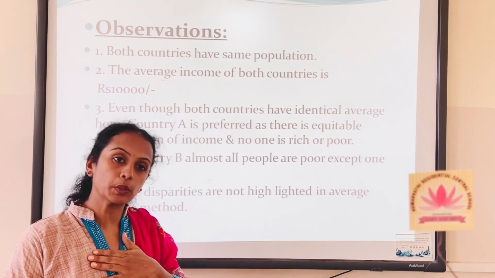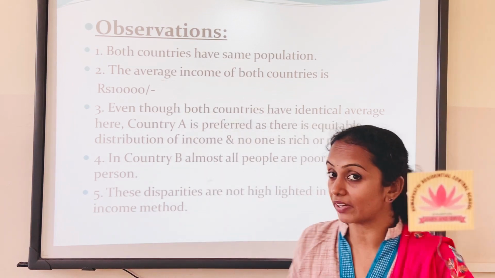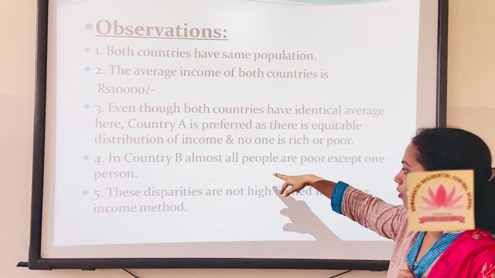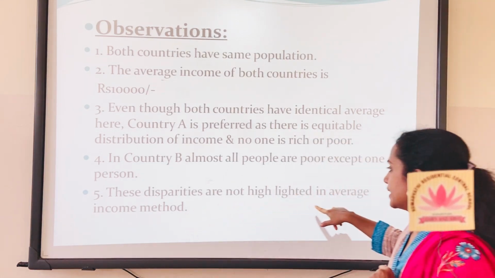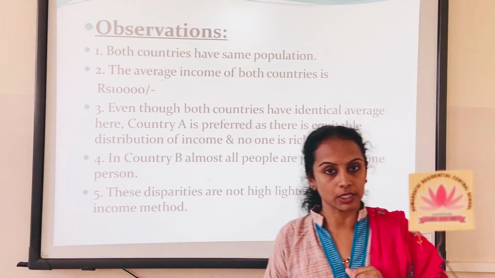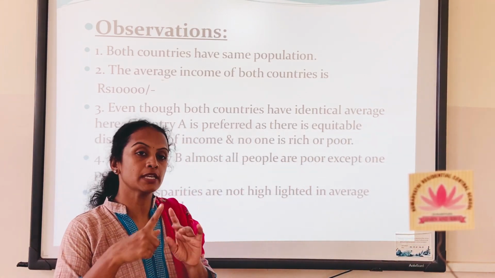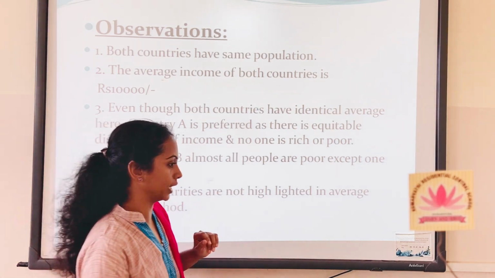We will prefer to live in country A. Why? It has an equitable distribution of income, whereas country B has unequal distribution of income. In country B, almost all people are poor except one. These disparities are not highlighted in the average income method. So the traditional approach has shortcomings, and even this middle approach has some problems associated with it. Next.